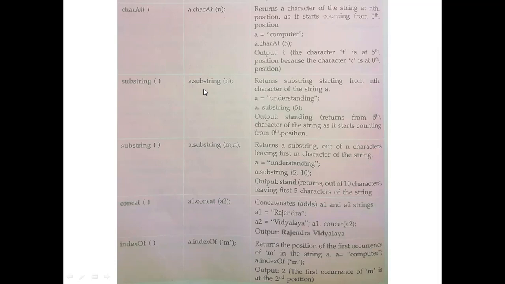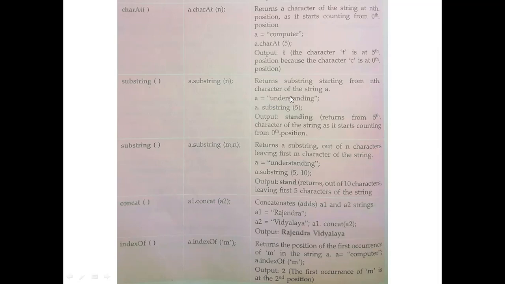Then substring. There are two ways of using substring. One is, A is equal to "understanding". How many characters are there in it? 13. When I use the length function, it says 13. But when I say A.substring(5), you must start counting from 0: 0, 1, 2, 3, 4, 5.